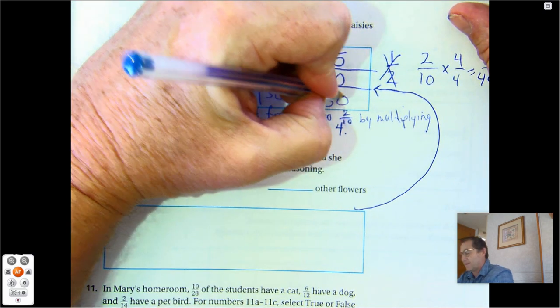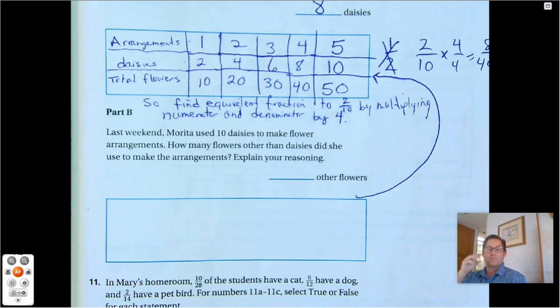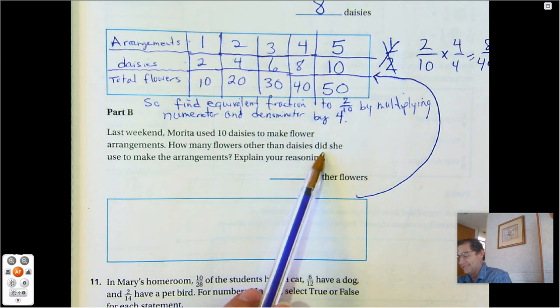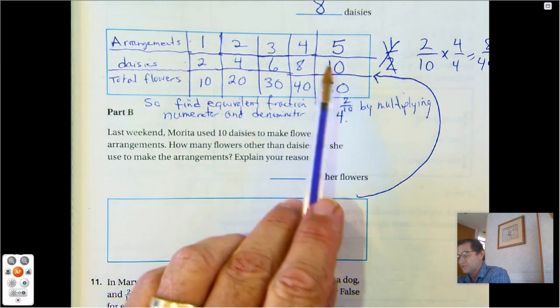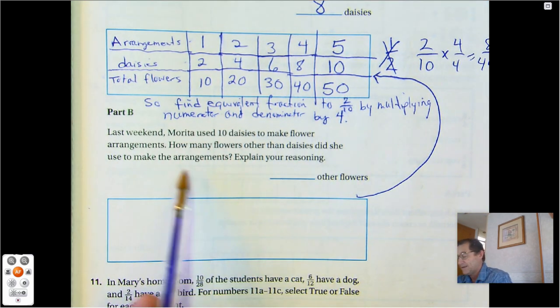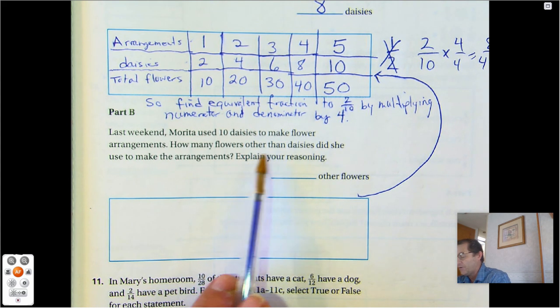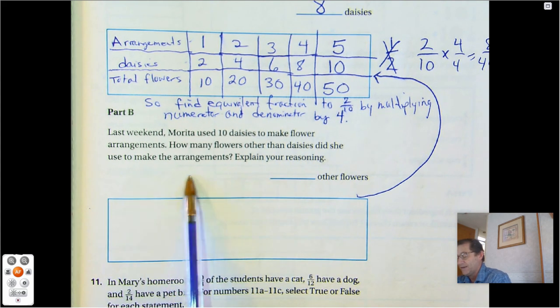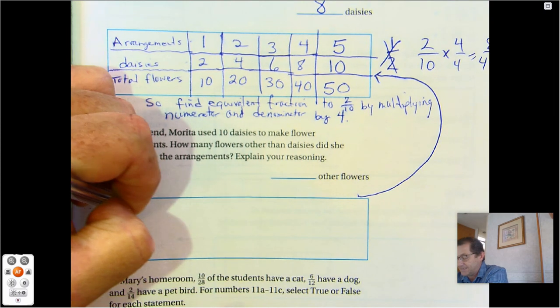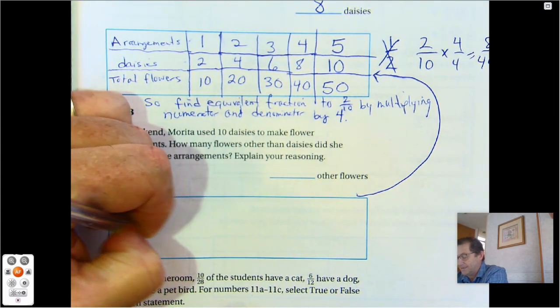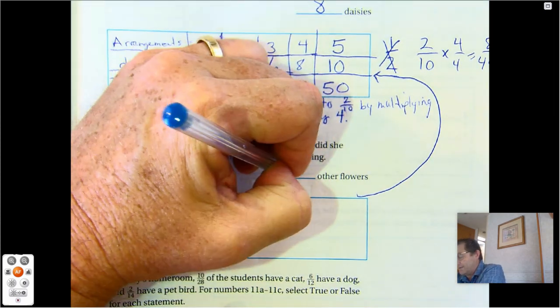Okay, so if she used 10 daisies to make flower arrangements, she made 5 flower arrangements. How many flowers other than daisies did she use to make the arrangements? 50, take away 10, 40 other flowers.